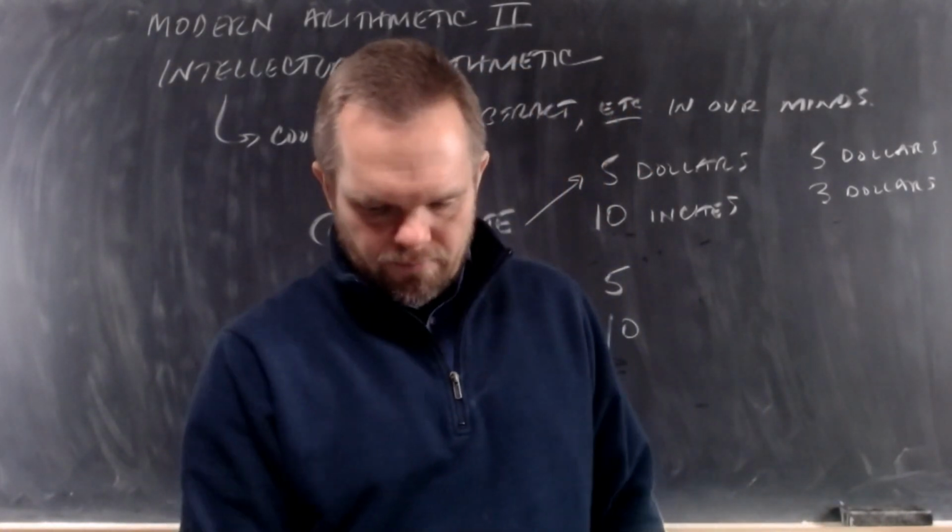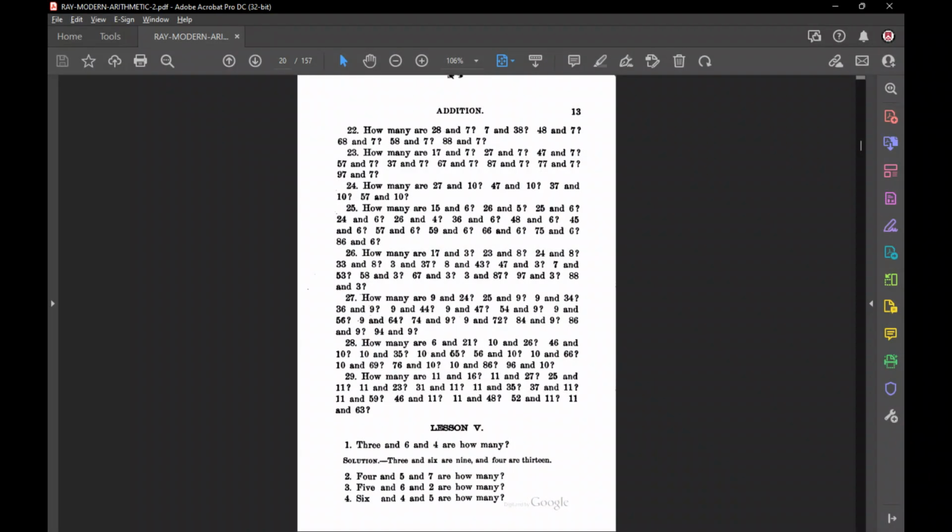So let's look here at lesson 5. Question 1, we have a question, 3 and 6 and 4 are how many? It's not just asking us for an answer. Under the question, you see that there's a solution. That solution shows you how you should answer the question.